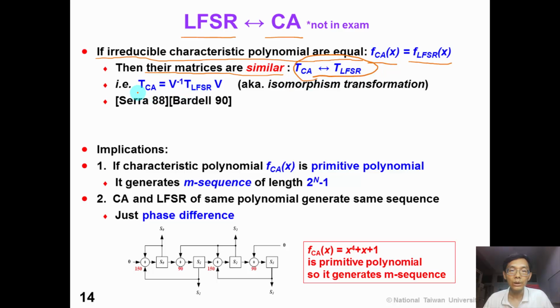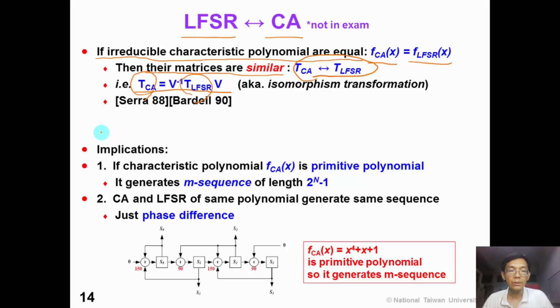That means we can find a vector V to perform isomorphism transformation between the cellular automata matrix and the LHCA matrix. It is totally fine if you don't understand the above statement.